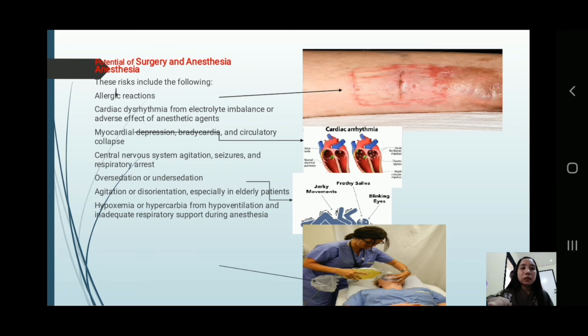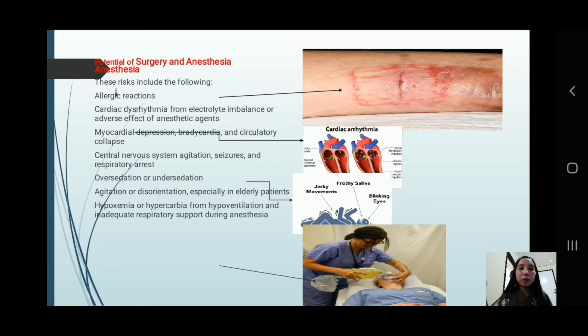The next is agitation or disorientation, especially in elderly patients. Two common causes of disorientation are delirium and dementia.